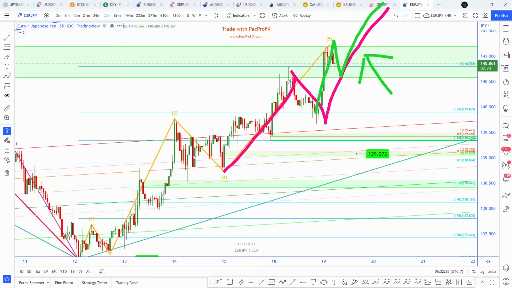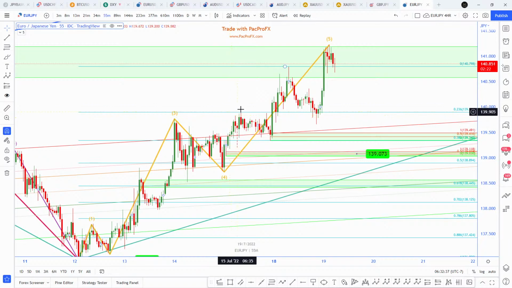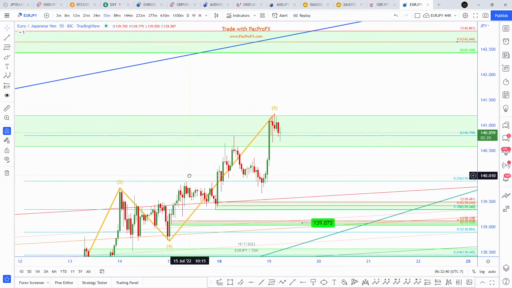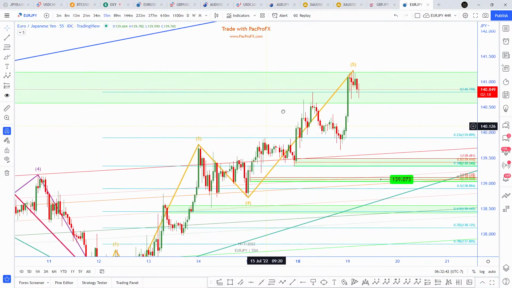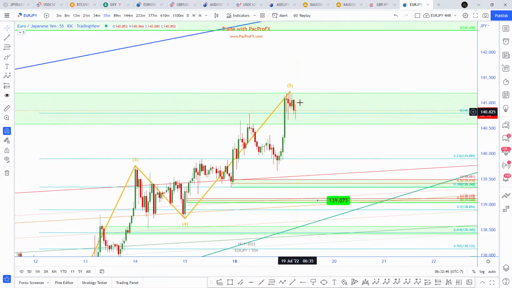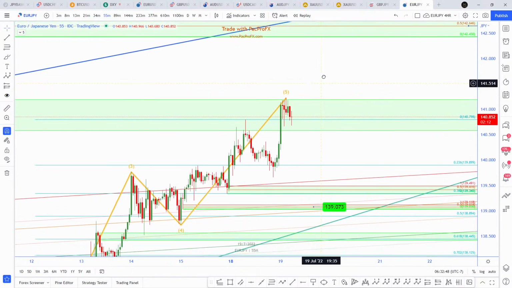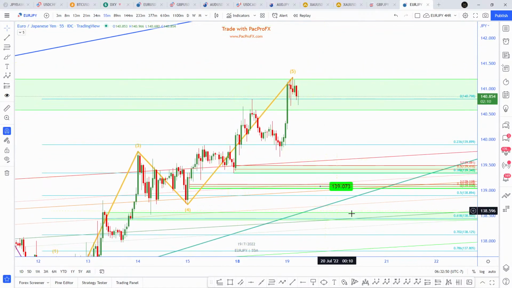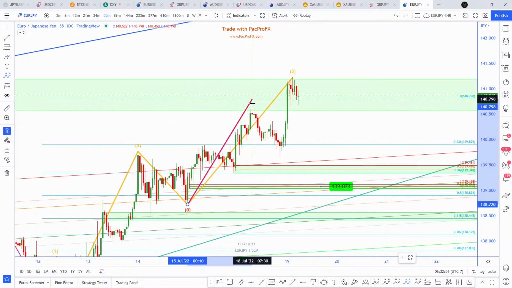So looking at that, looks like we're going to be extending up here. So let's add that ABC pattern.